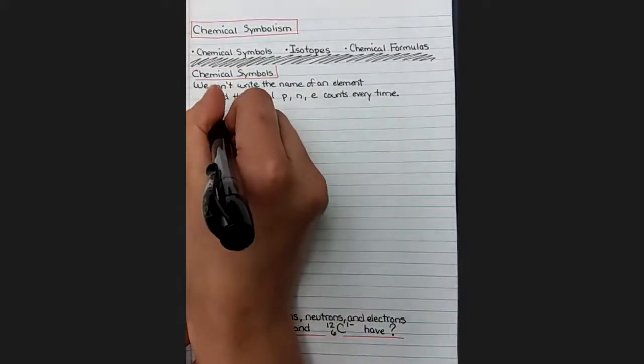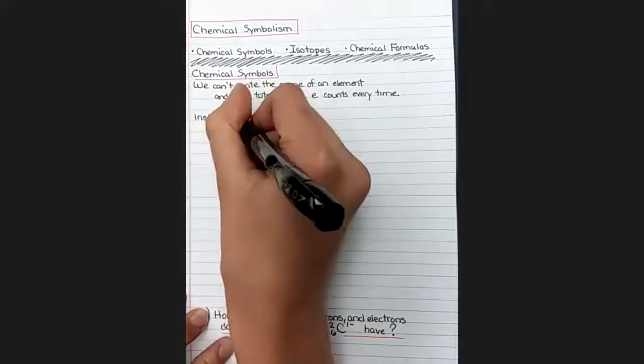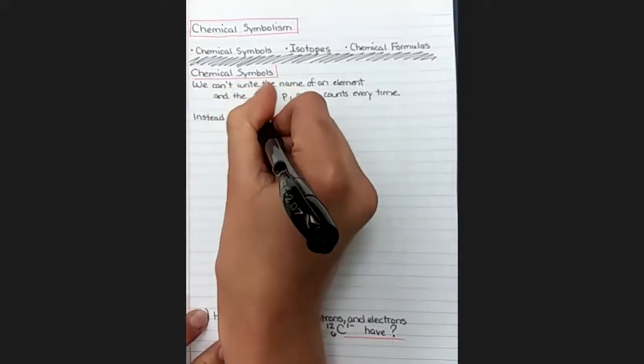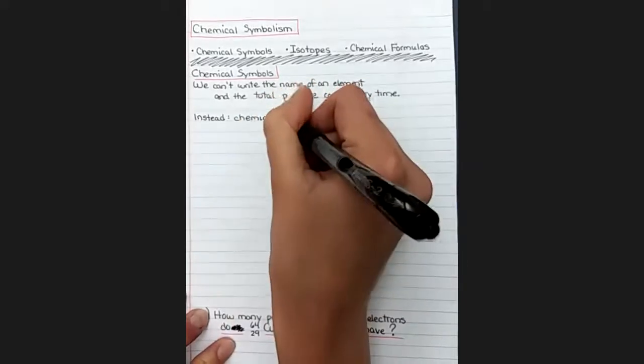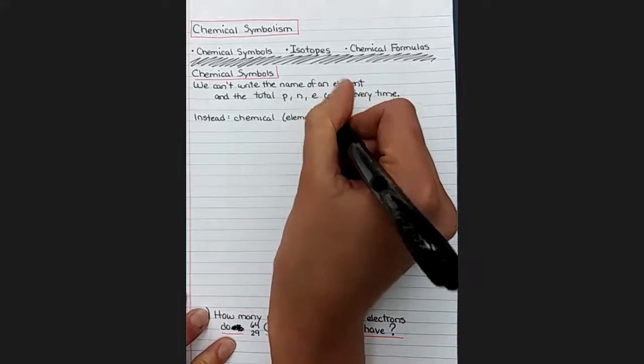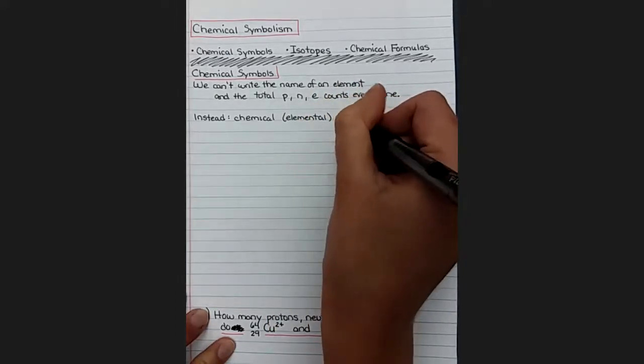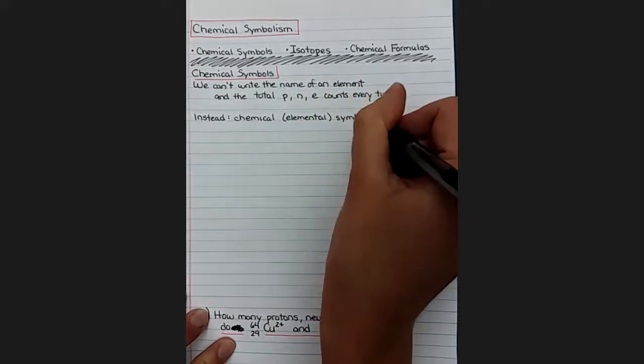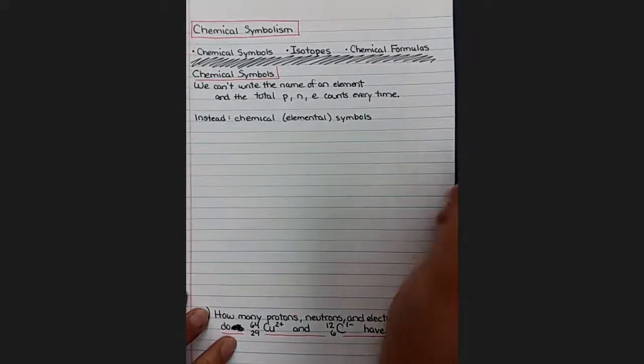So instead, we use what is called chemical or elemental symbols. And you've probably seen these before, written on paper or in the periodic table.